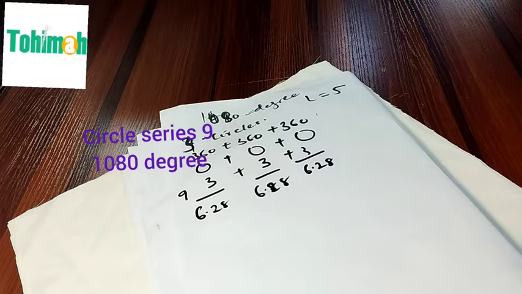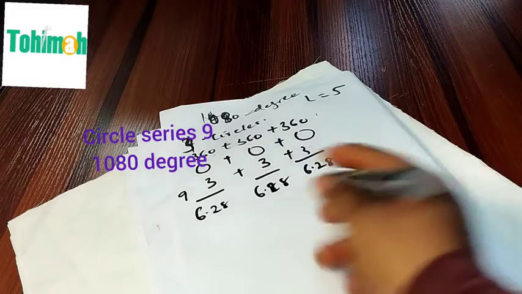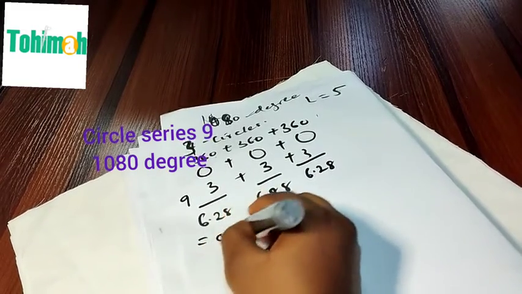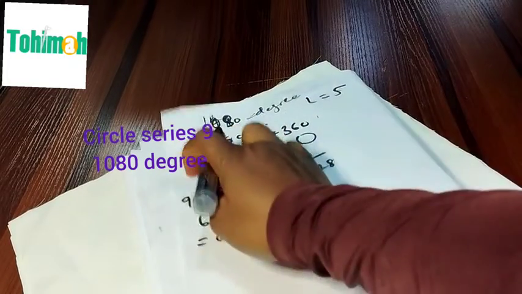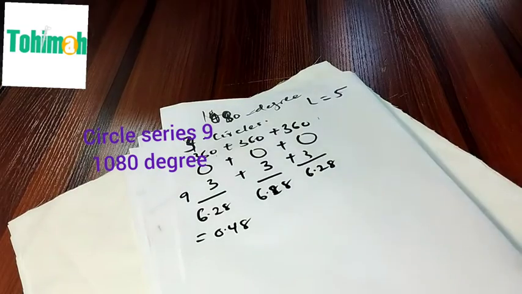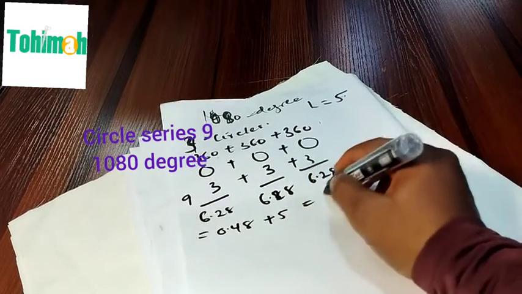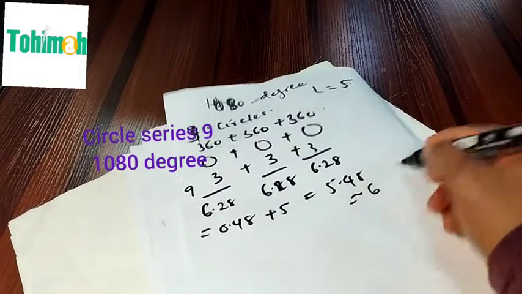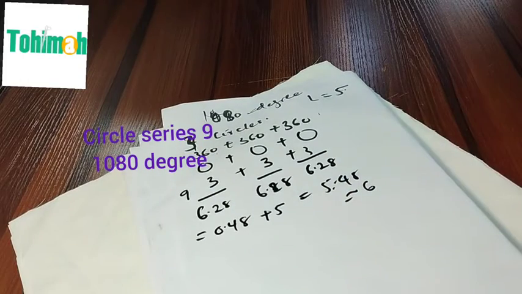So 3 divided by 6.28 is around 0.48. Each one we are doing, one circle, two circles, so we have 3 pieces. We add this to 5 to give us 5.48, which is approximately 5.5 or 6. You can use 5.5 or 6, just to get the amount of fabric.